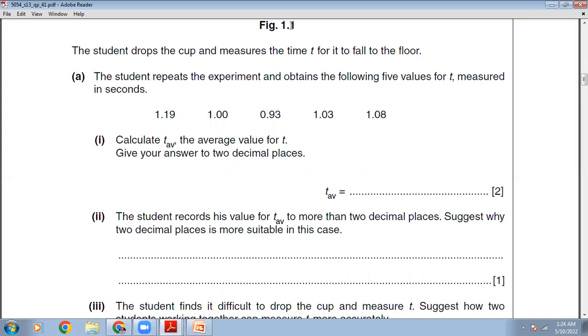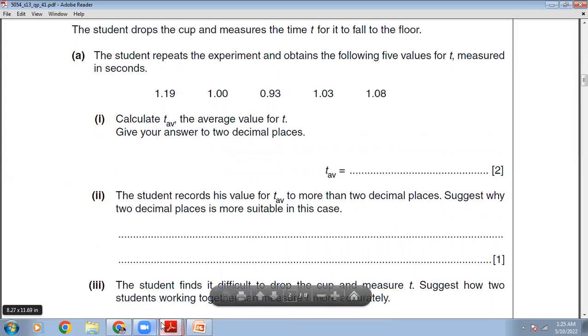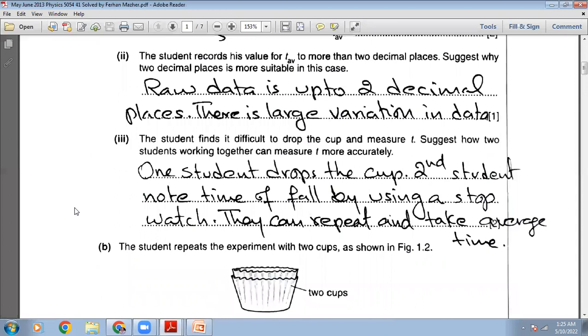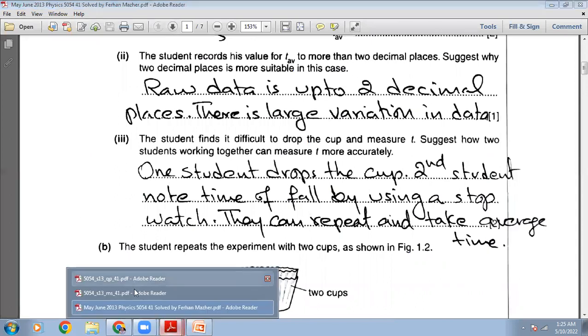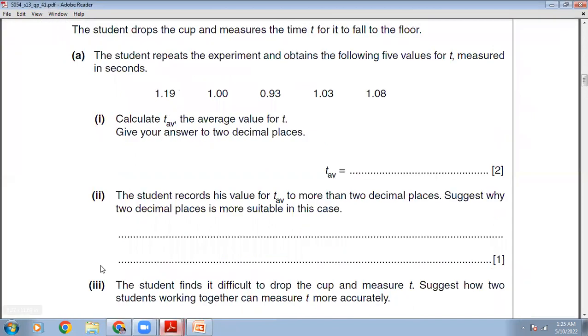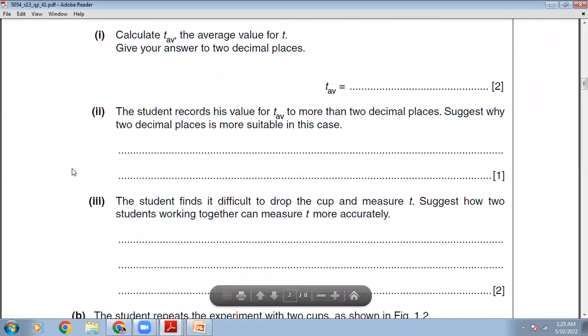So that's why it is a sensible thing to take the t average up to 2 decimal places. So let me show you my written answer. It says raw data is up to 2 decimal places. There is large variation in the data. So let's have a look at the marking scheme. Large difference in the raw data. Reaction time has large variation.